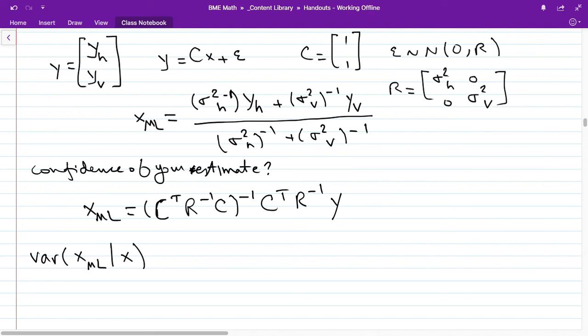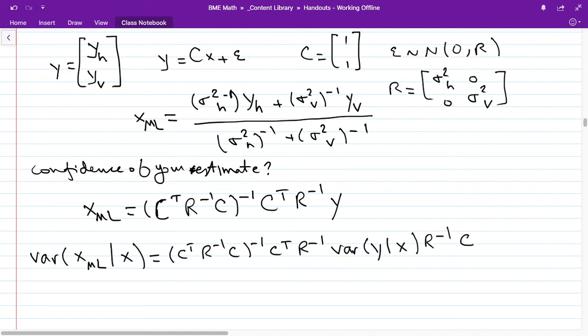So we need to find the variance of this quantity. What is that variance? That's C transpose R minus 1 C, inverted, times C transpose R minus 1, times variance of y given that you're at your location X, times the transpose of this quantity, which is R minus 1 C, times C transpose R minus 1 C inverted, transposed.